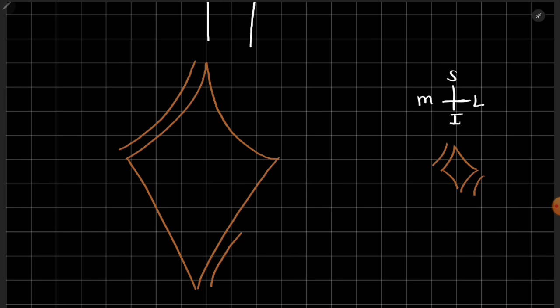Let me label it. Medially, on the superior aspect, we have the semimembranosus, and this muscle is semitendinosus.